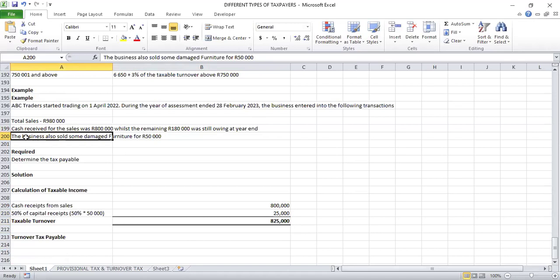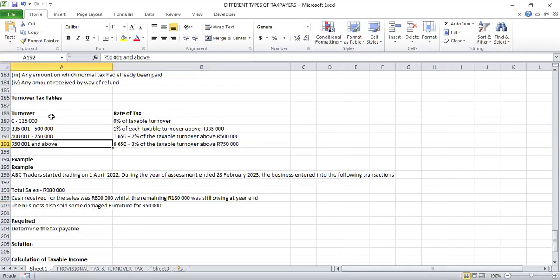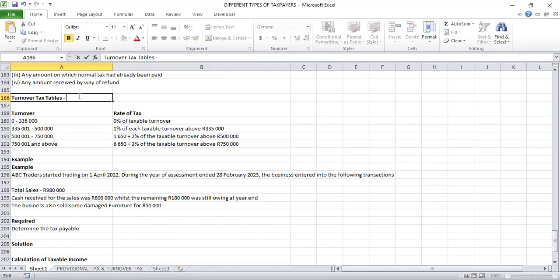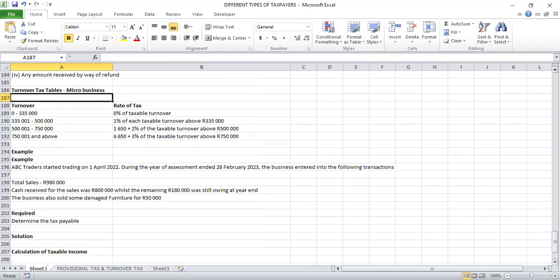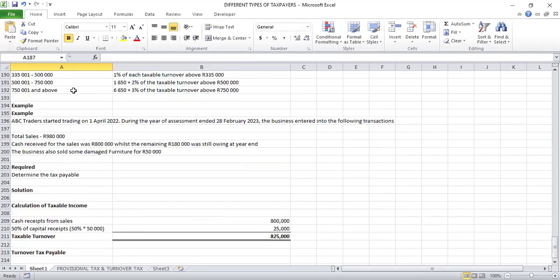Right, how much tax will be paid? If it's 825,000, we'll go to the tables. These are the tax tables of a micro business. You'd find that 825,000 falls in this bracket.